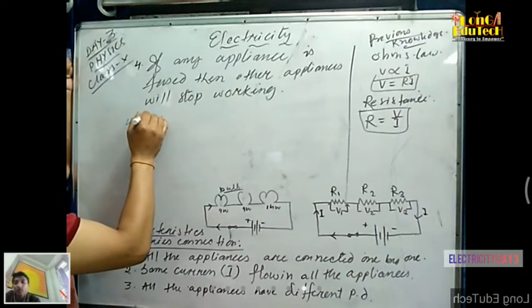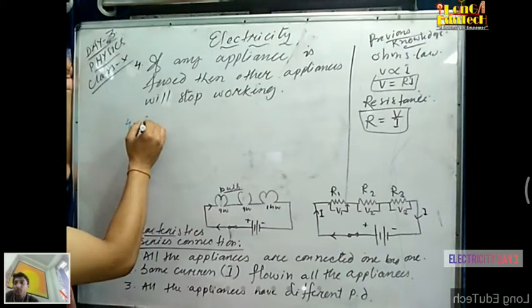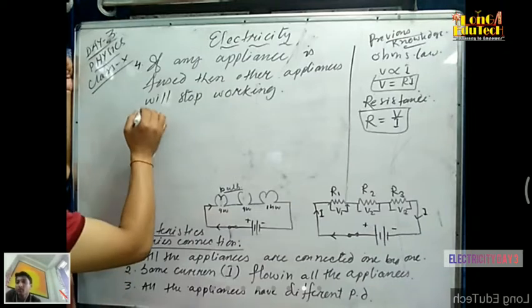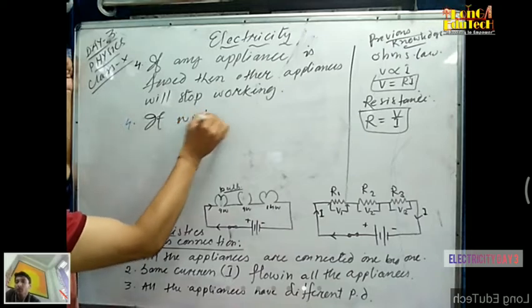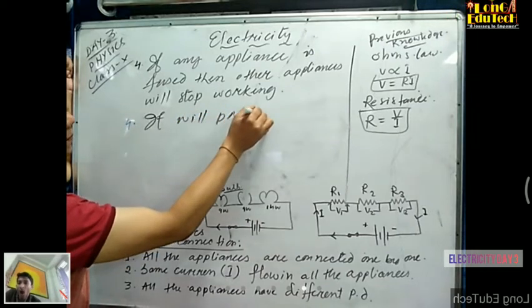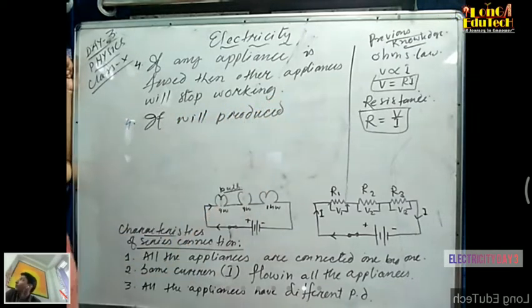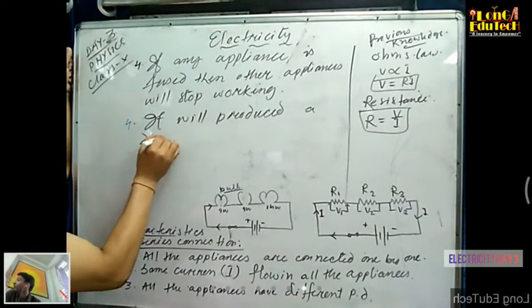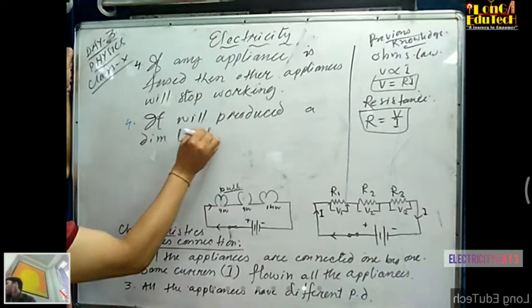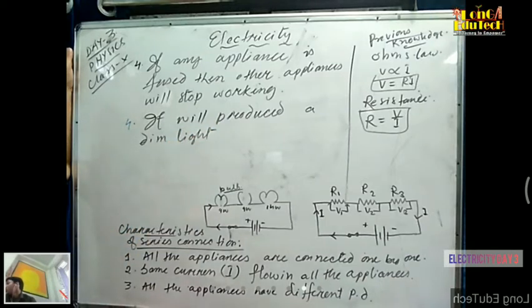Okay, you see the bulbs in the series connection. Okay, we can see. It will produce a dim light.